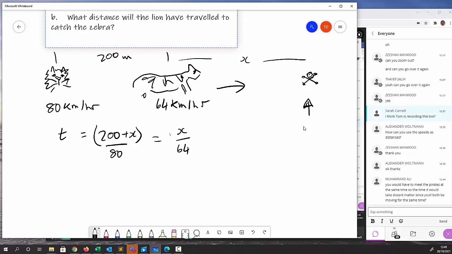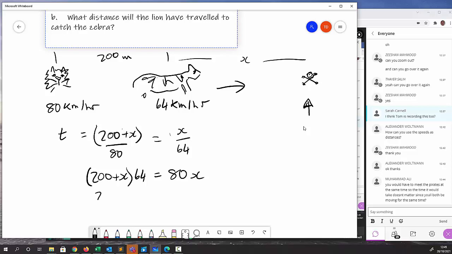So what we're going to do is I'm going to cross multiply these two equations. So we're going to get 200 plus x times 64 is equal to 80x. Okay, so what I'm going to do is get the x's on the right hand side.